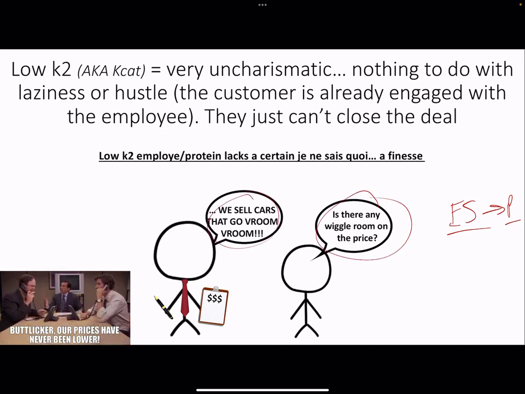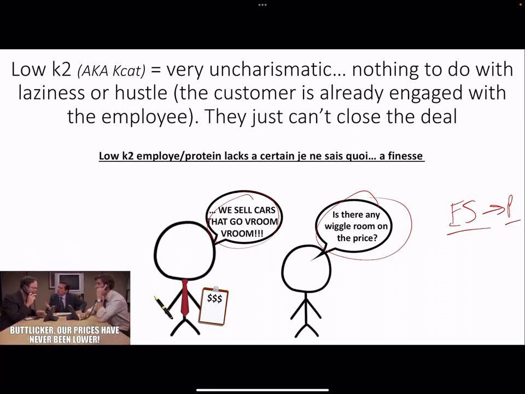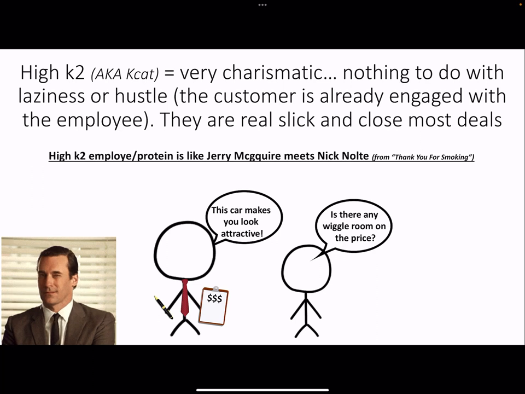And then they say something stupid, right? So they're not going to close this deal, or it's going to take them a long time to close this deal, right? On the other hand, high K2, very charismatic. They're going to say something smooth that's going to make the deal go more quickly. I think you get what I'm saying.